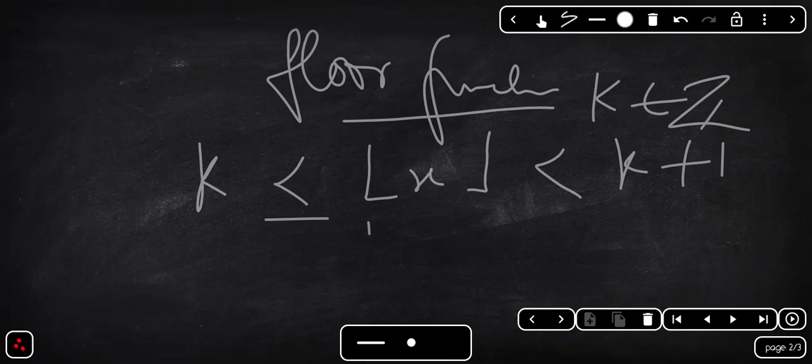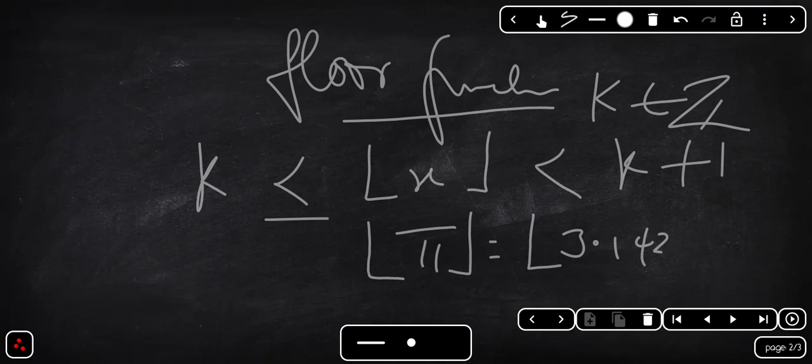You want to find the floor function of pi. So what will be the floor function of pi? The approximated value of pi is 3.142. So what will be the floor function of 3.142? That will be 3, the value before the point.